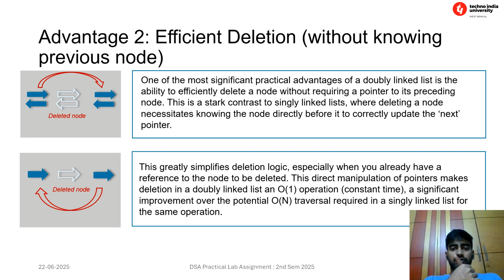So this is one of the most important practical advantages of a doubly linked list: we can delete a certain node in big O of one constant time complexity, provided, and this is very important, that we have a pointer, the target node pointer, pointing towards the node which is to be deleted in the linked list.